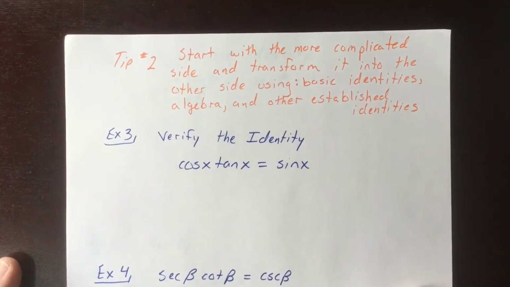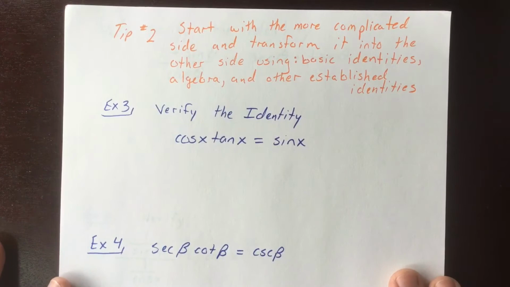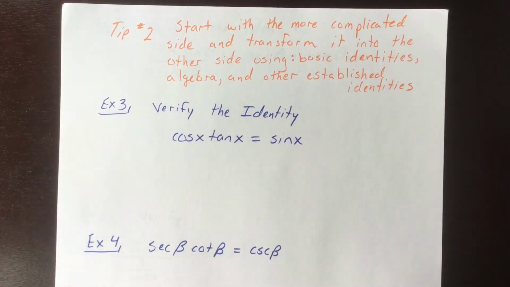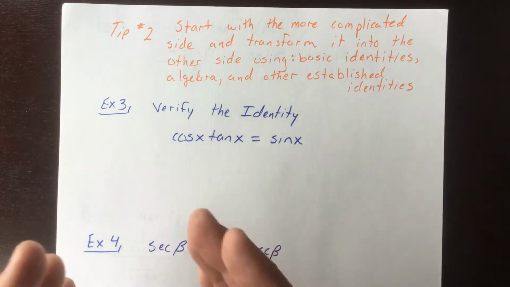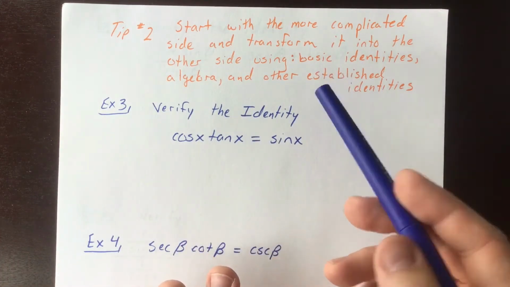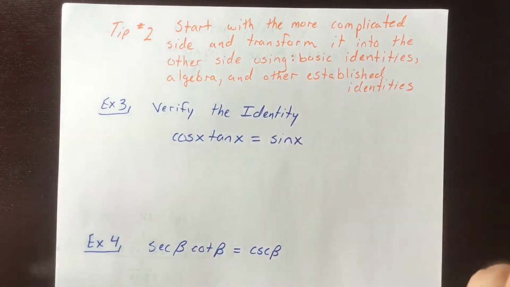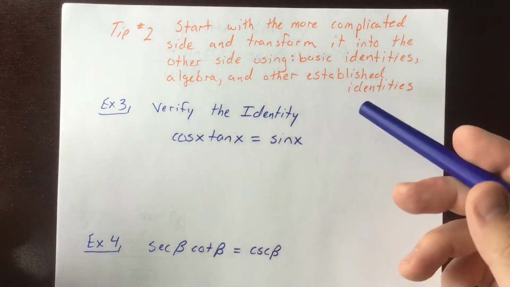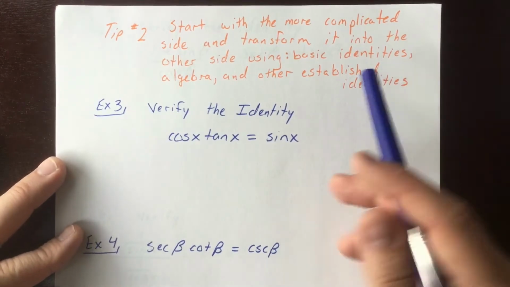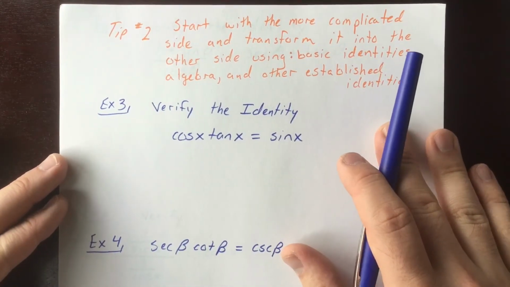Let's try some more. Hot tip number 2. Start with the more complicated side. With that complicated side, work on transforming it to the other side using the basic identities that we just focused on, algebra techniques, and other established identities that we're going to build on throughout this chapter.